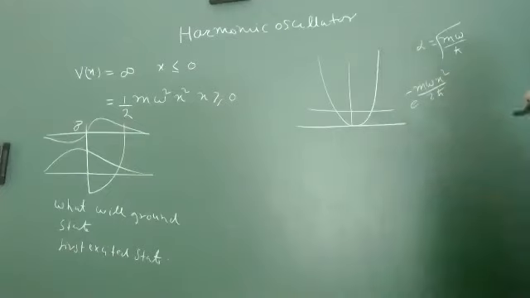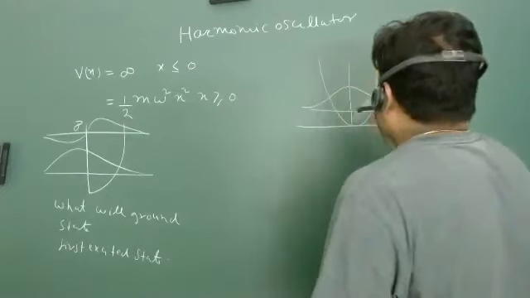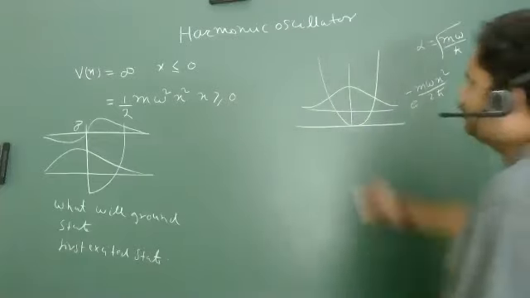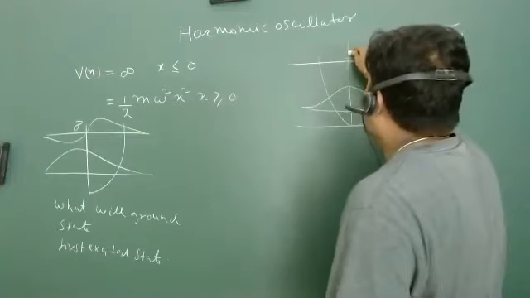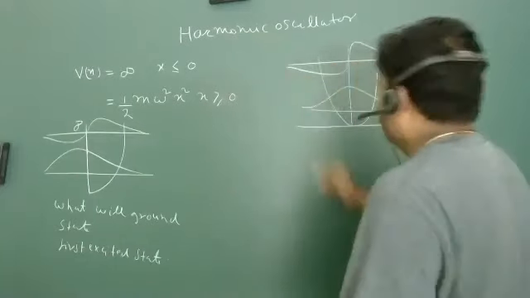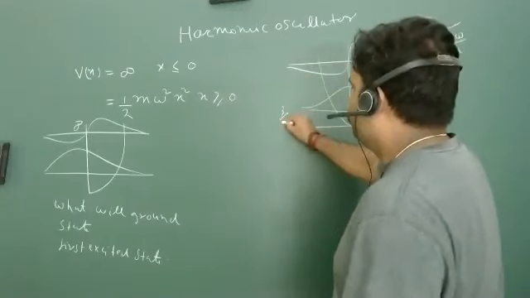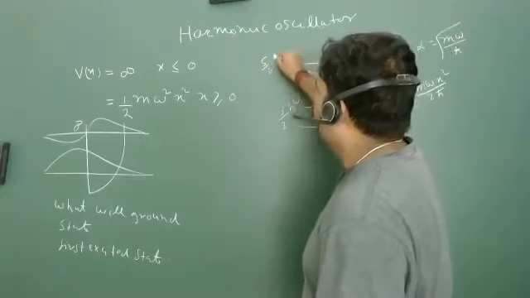So this is your ground state, and when you plot this, it will be exactly the same. What will be the first excited state? You will just plot something like this. The energy is 3/2 h cut omega. Here the energy is 5/2 h cut omega.